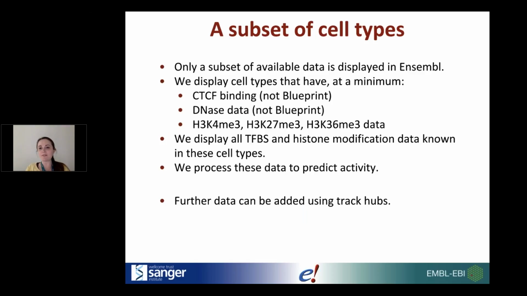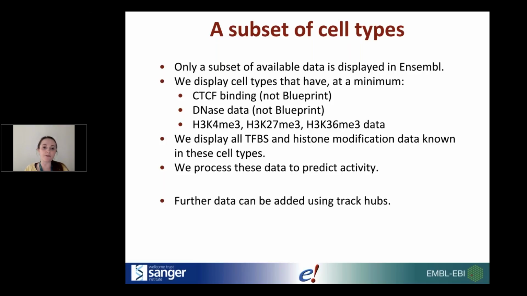We don't have all of the cell types that each of those projects have created data from, because we need a certain amount of data in order to produce what we call our regulatory build, which I'm going to go over in a moment. So we display cell types that have, at a minimum, CTCF binding, DNase data, and these three major histone modifications: H3K4 trimethylation, H3K27 trimethylation, and H3K36 trimethylation.